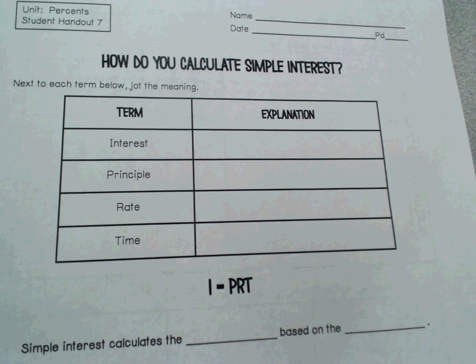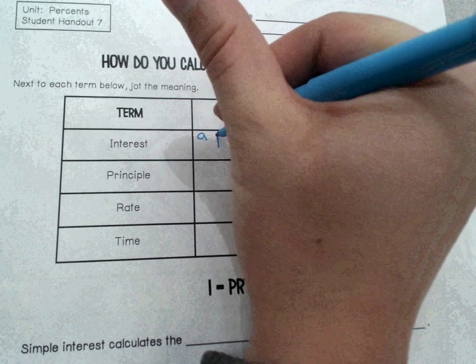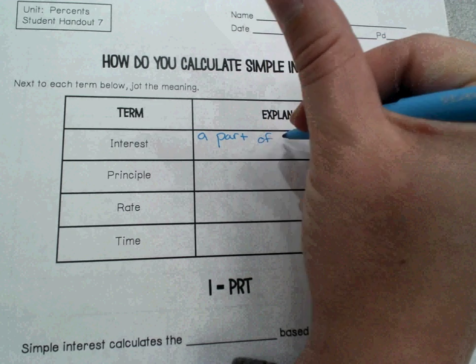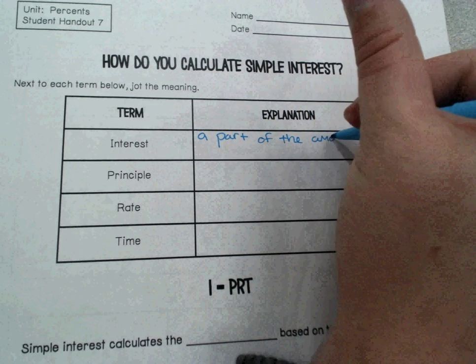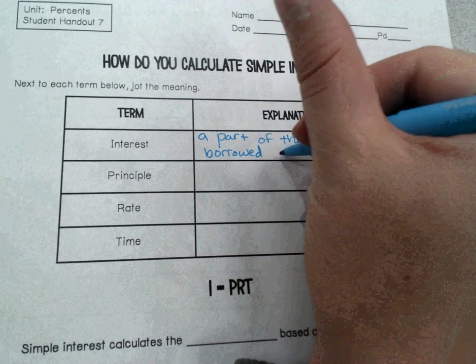Before we get started on how to calculate interest, I just want to make sure we understand what interest is and all of the other words we'll be seeing. Interest is just a part of the total amount that you borrow or invest that accumulates, and either you get it back or you owe it. So, a part of the amount borrowed or invested.